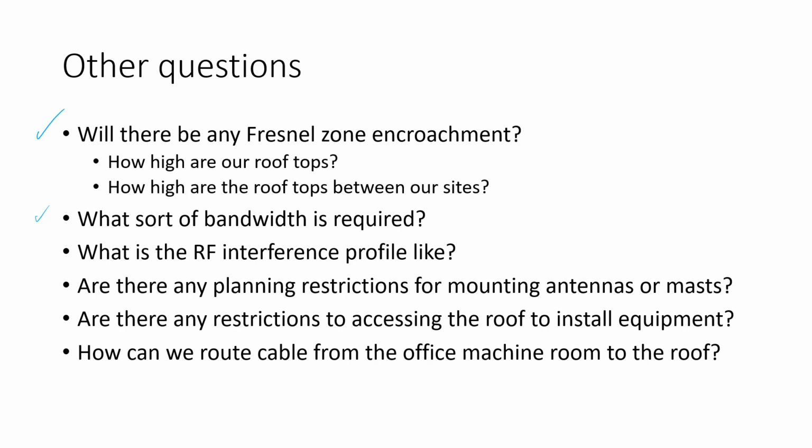Seems like very simple stuff, but sometimes these very simple things can be the hardest things to overcome if there are building restrictions. And another one is, how can we route any cables that are required from the office machine room to the roof? Again, it sounds like a simple one, but this sort of thing can be an absolute nightmare, and indeed cable routing can be one of the most expensive parts of the whole exercise.